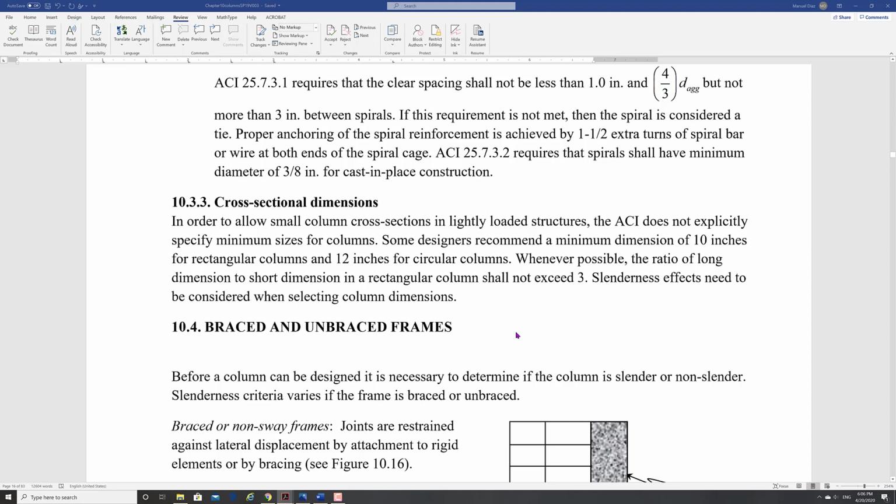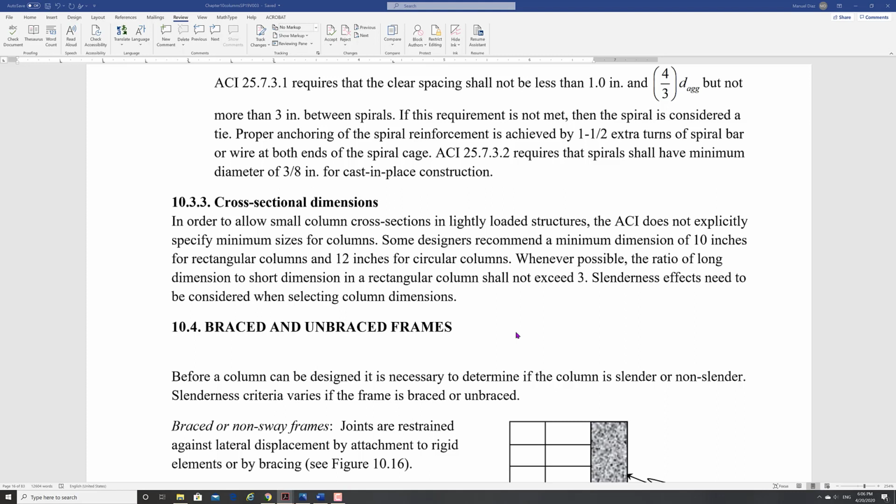Cross-sectional dimensions. The code does not really give you a minimum dimension for a column. Why? Because you can have small columns for maybe a storage area, some sheds, some light construction in the house. And so for that purpose, they don't give you a minimum.